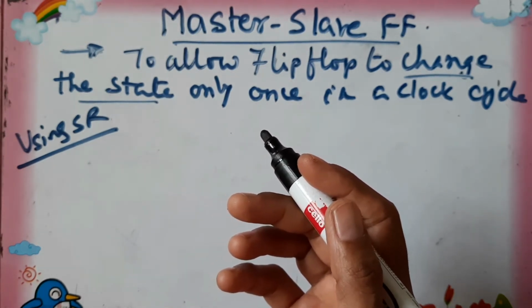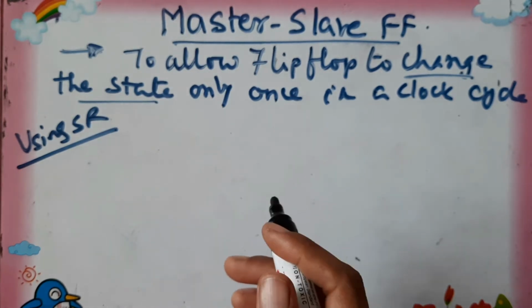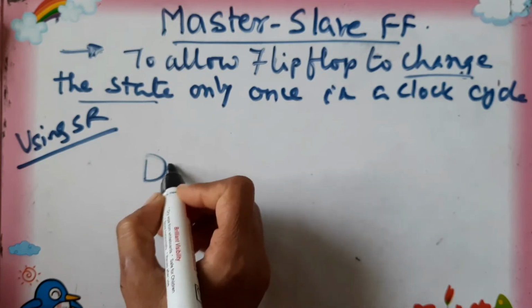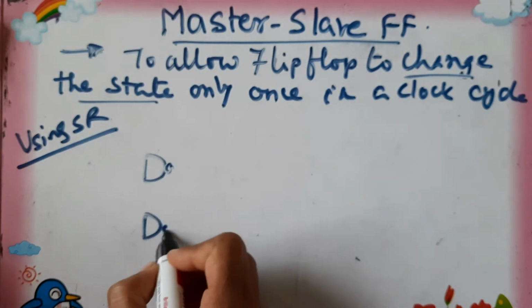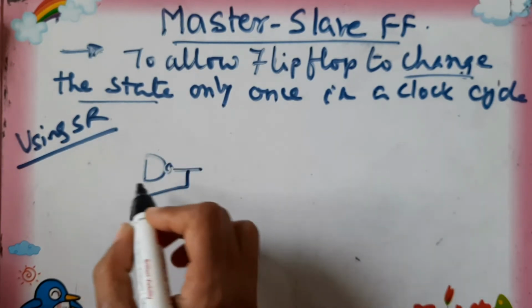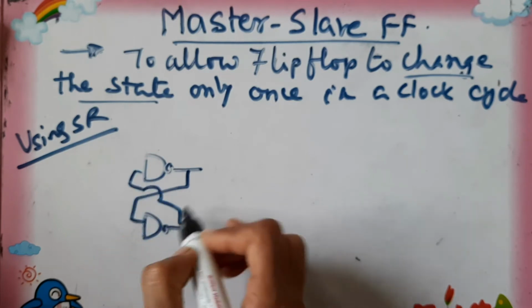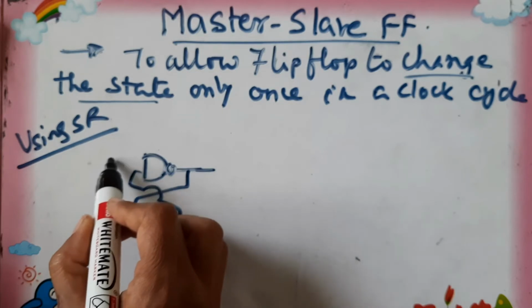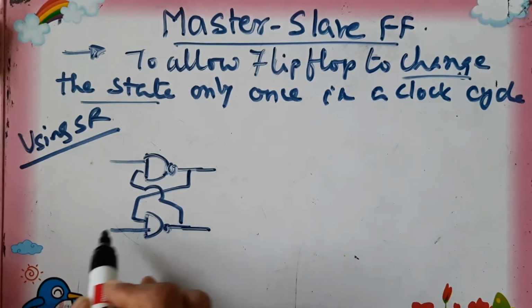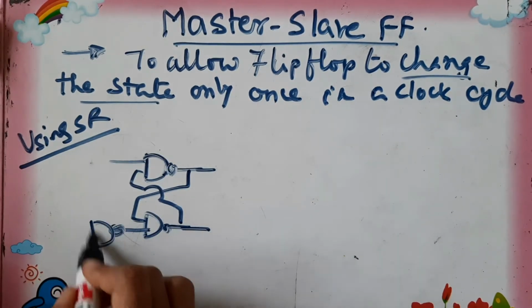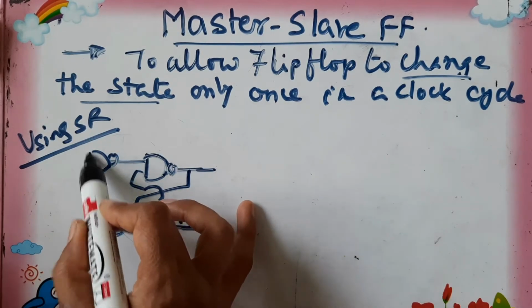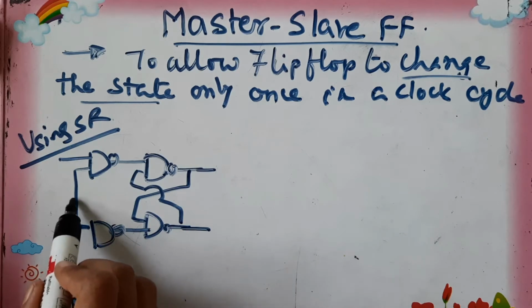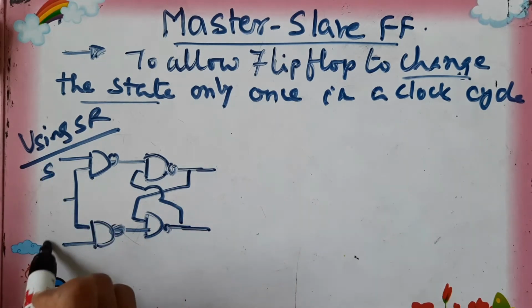First we'll consider the SR. So my basic SR is this, with gating: clock, S and R inputs.